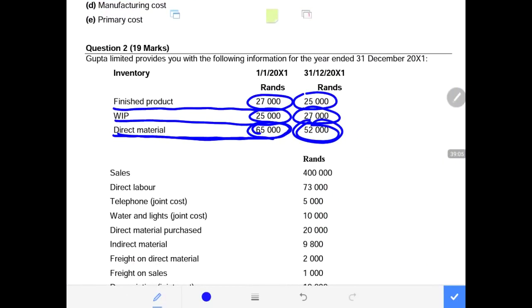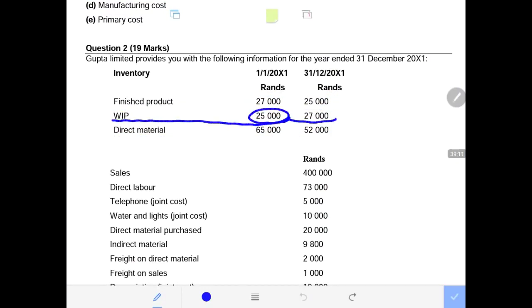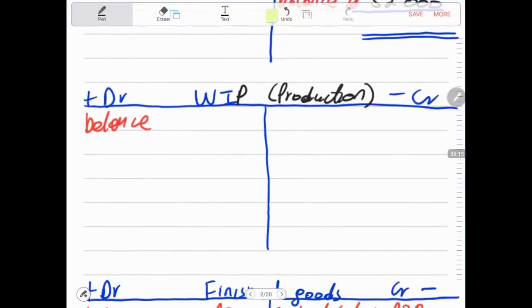I have an opening balance of work in process of 25,000 and 27,000, and I record that. Opening is 25,000. Closing, I have my balance carried down as 27,000. So this is my opening and closing of the work in process.